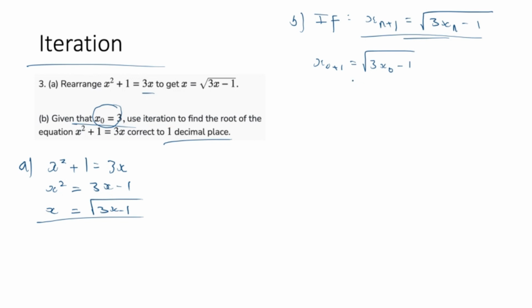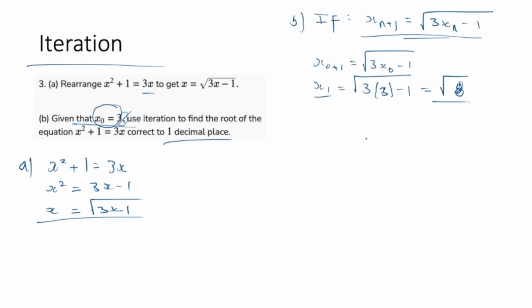So then this equation becomes x1, we find the next x term, equals the square root of 3 times 3, since x0 is 3, minus 1. And then we'll get x1 is equal to the square root of 8, using this iteration formula.